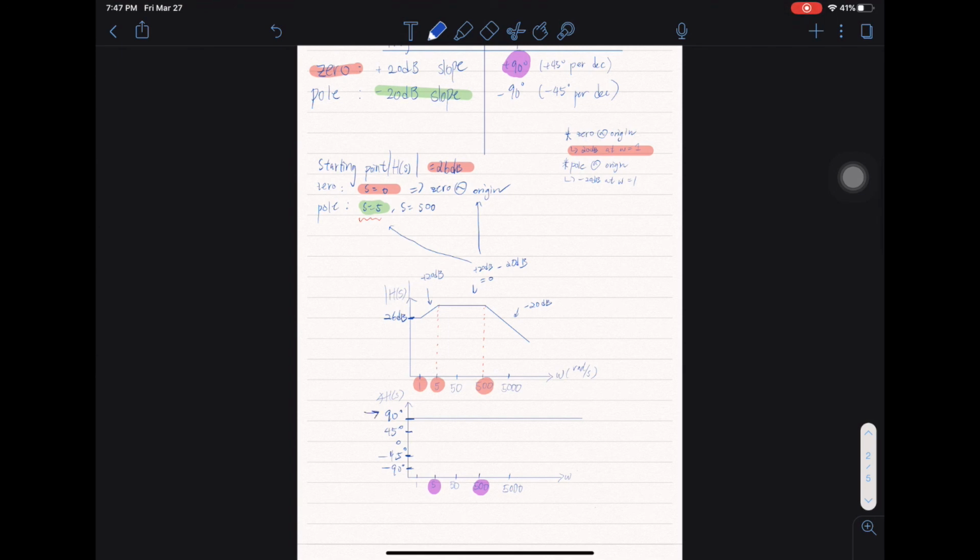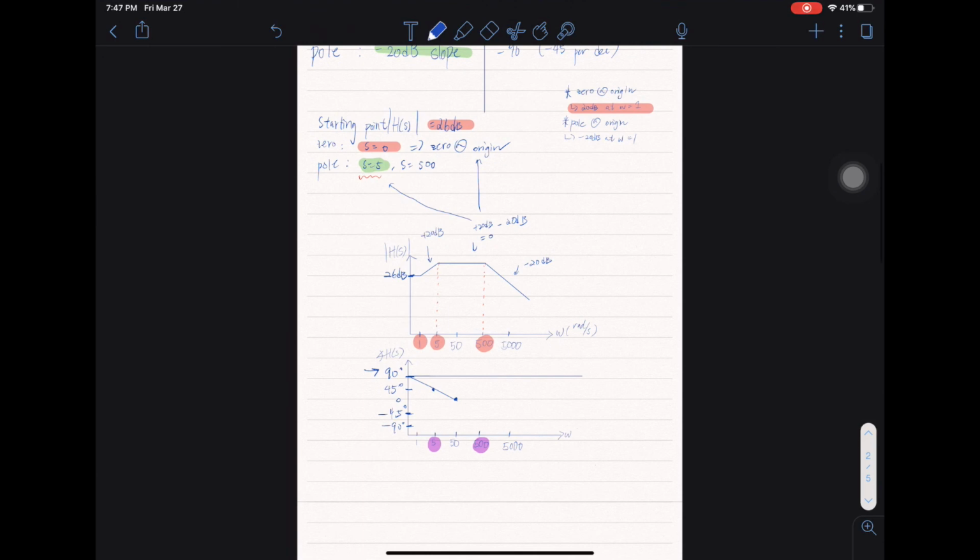This is our starting point, and then we're gonna minus 45 degree for every decade. So that means at 5, there's a point here, and there is a point here. So minus 45 degree and minus 45 degree. So this whole thing right now, it's minus 90 degree.